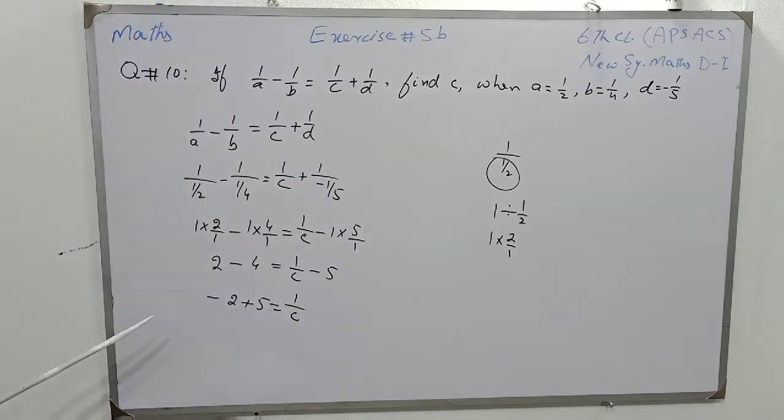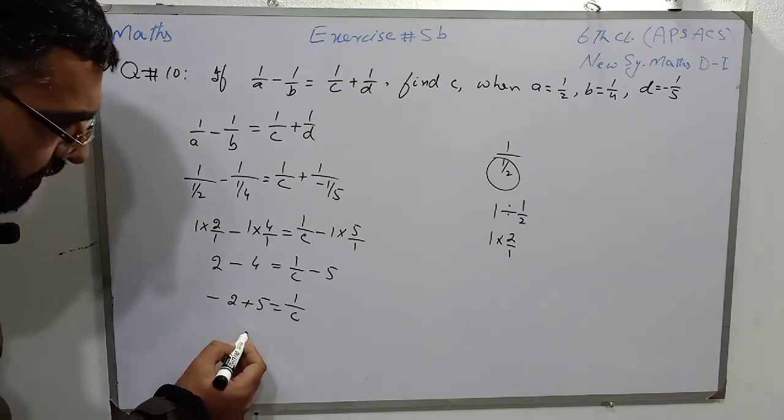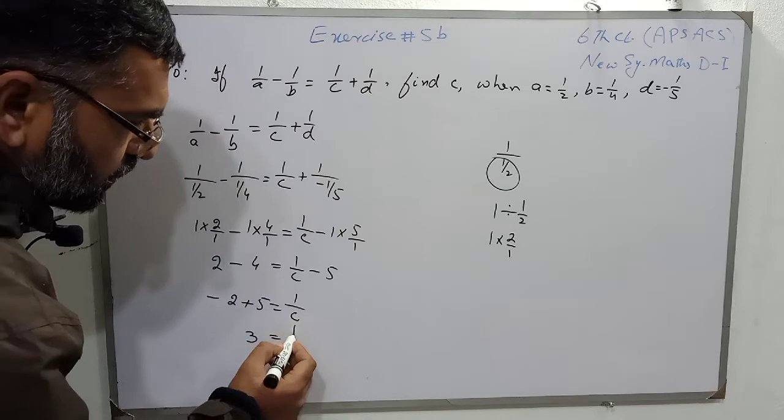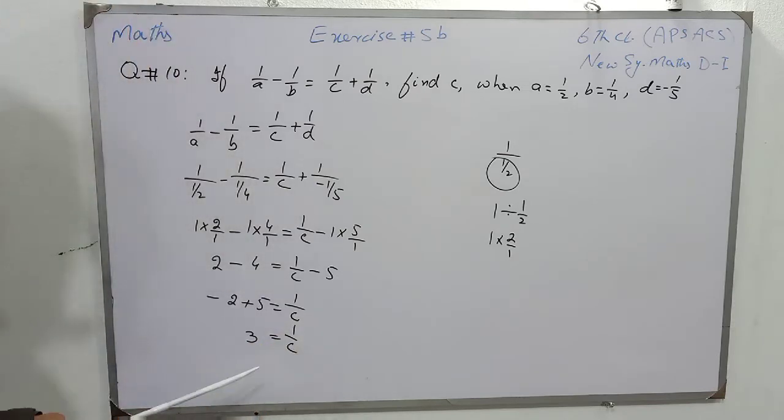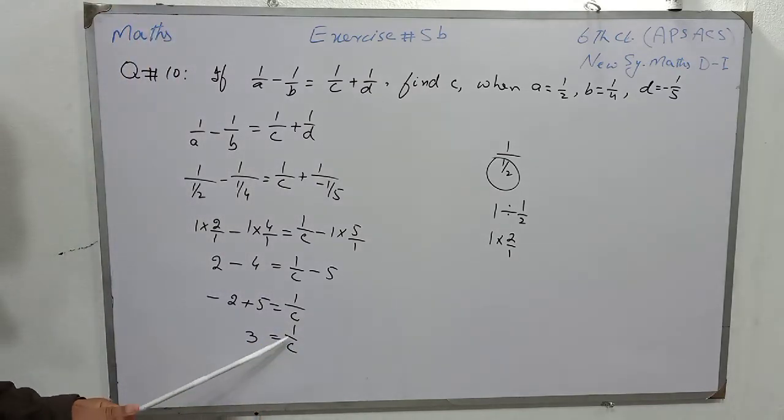is equal to 1 over C. Now students, again there are two numbers on the left side, one is negative and the other is positive. We will subtract the smaller number from the greater and put the sign of the greater, and it will become 3 is equal to 1 over C. C is dividing on the left side.